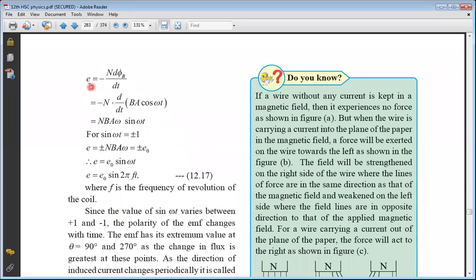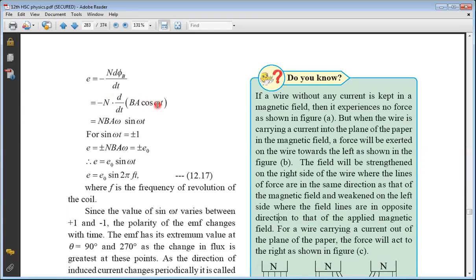EMF induced for a coil of N turns is equal to minus N d phi by dt, which is minus N d by dt of BA cos omega t. Flux through one turn was this, flux through N turns will be N times, that's why N is here. Then B, magnetic field strength, and A, area, are constants. We take them out of the derivative operator.